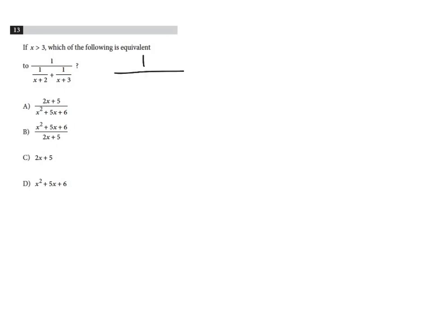So the bottom, to add these fractions, we're going to need common denominators. So on the left fraction, I'm going to multiply by x plus 3 on top and bottom. And the other one, I'm going to multiply by x plus 2 on top and bottom.